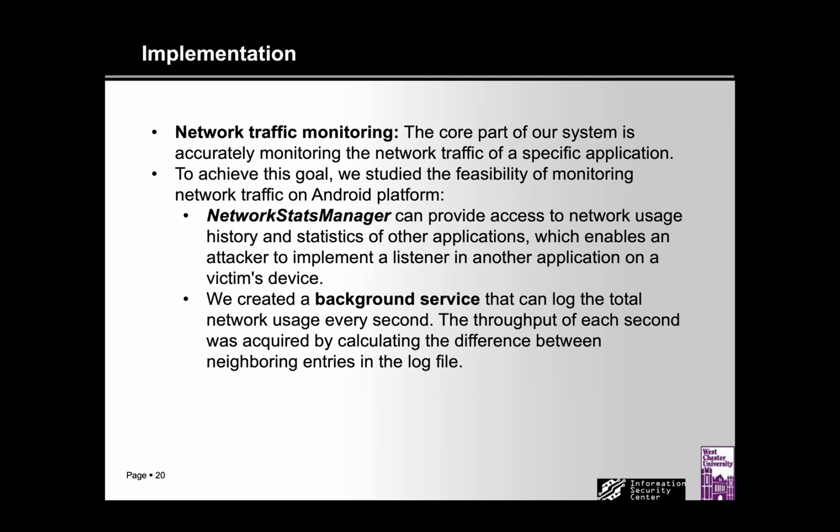So we find that on the Android platforms, you can use the network status manager service, which provides access to network usage history and statistics of other applications, which enables an attacker to implement a listener in another application on the victim's device. And we also create this malicious software as a background service, which allows us to log the total network usage every second, and the throughput of each second was acquired by calculating the difference between the neighboring entries in the log files, and eventually generate the result.